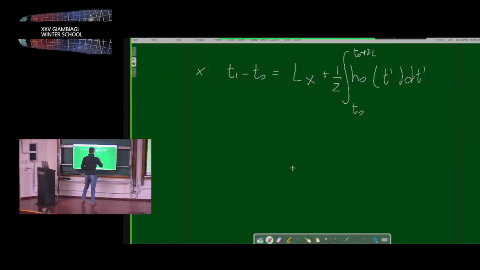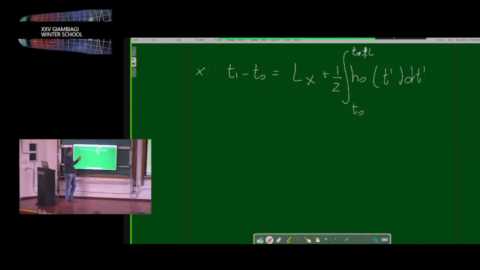So I have to integrate the previous formula from an initial time, the time it left the beam splitter, to the time it reached the mirror. The time it reached the mirror, in principle, is T1, which depends on h0. But since this is already first order in h0, I can forget the dependence of T1 on h0. In first approximation, I can say that T1 is T0 plus L. T1 is T0 plus L plus some h-dependent part, which is exactly computed here, but I can forget it because this is already first order.